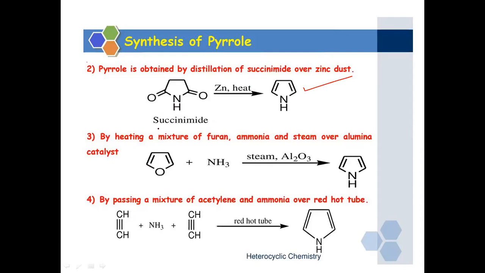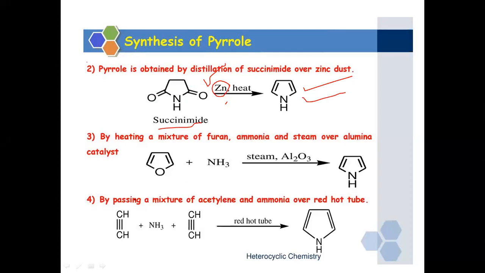The succinimide is reduced in presence of zinc. Zinc reduces the carbonyl groups and converts this molecule into an aromatic one by forming double bonds between the carbons. So reduction occurs due to the presence of zinc, and it converts succinimide into the pyrrole ring.